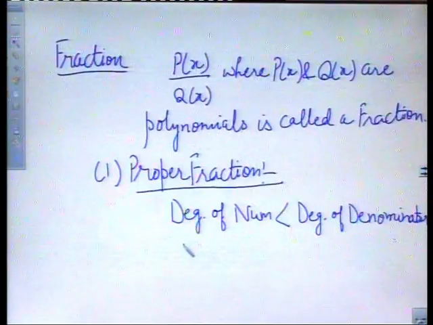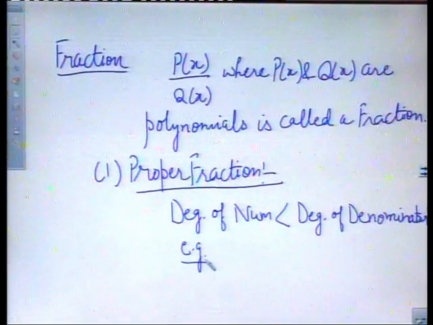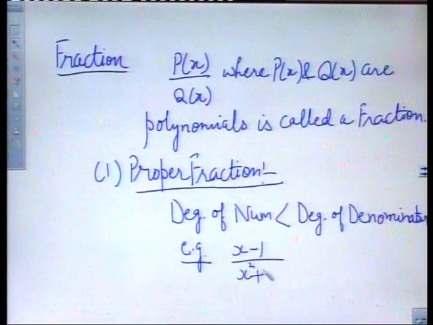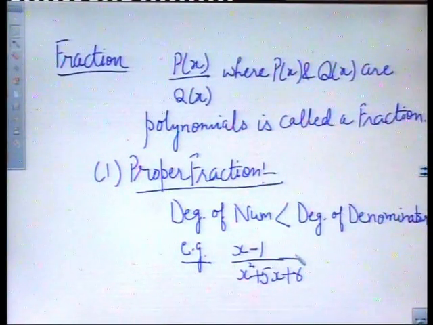For example, we can take x minus 1 over x square plus 5x plus 6. In the numerator we have x minus 1, whereas in the denominator we have x square plus 5x plus 6. The degree of the numerator is 1, whereas the degree of the denominator is 2. It means the degree of the numerator is less than the degree of the denominator.